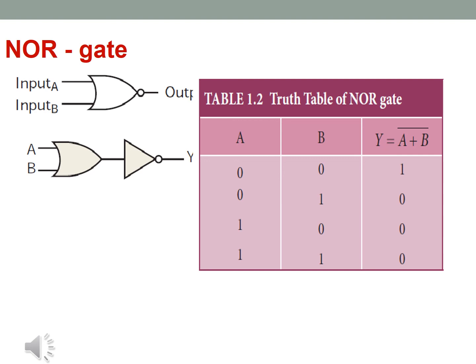So far we have learned 7 types of gate: AND gate, OR gate, NOT gate, NAND gate, NOR, XOR, XNOR. Yes or no?